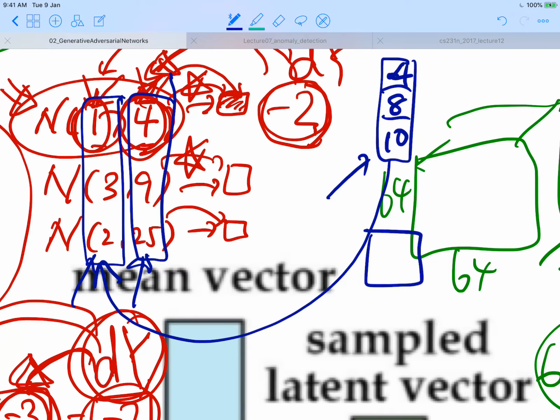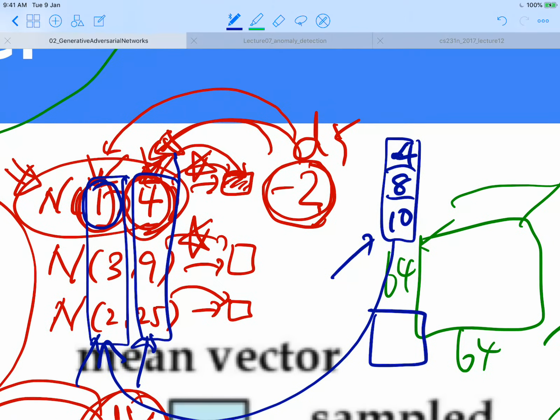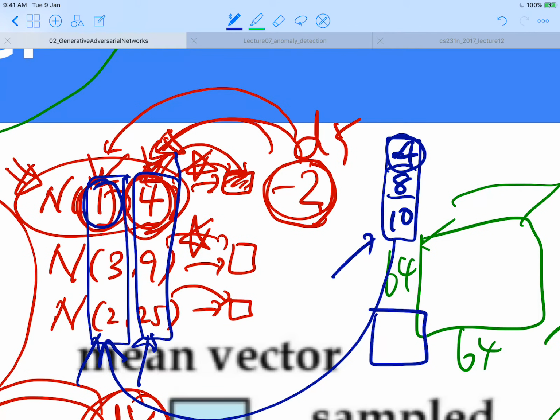If we have only 2 images in our training data, from the probabilistic sense, what will be the global average? Given one image, the mean value of the first activation is 1, and given the second image, the mean value will be 4, right?